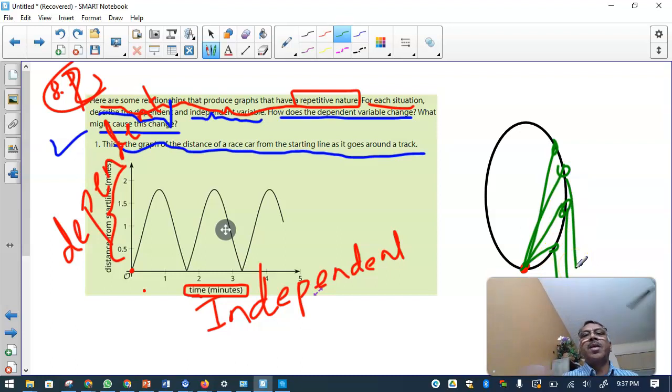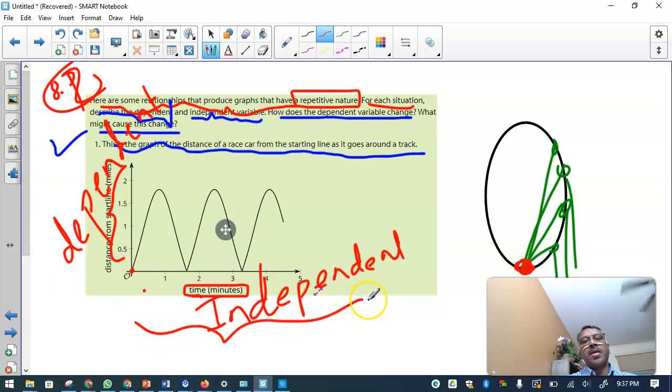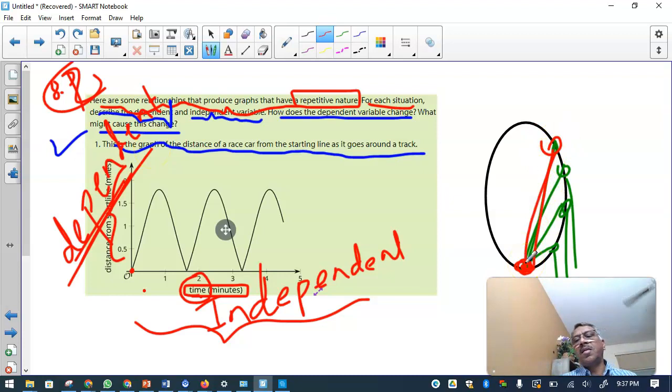It is from the start point. That's how it is. Anyway, the idea is the same. The time is the independent variable, and the distance, how far away the car is, this distance d depends on the time as time progresses. So hope that helps, and let's go to the next one.